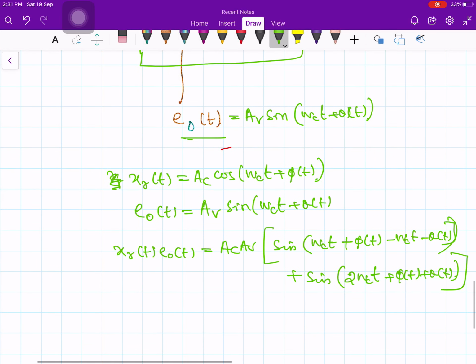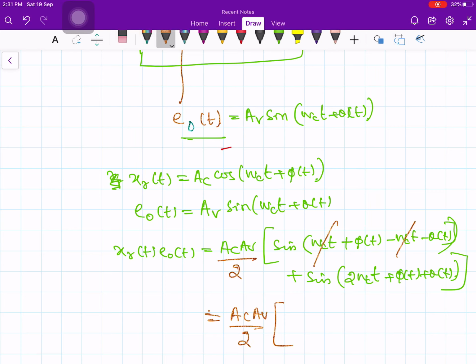Now I have two components. These two components omega ct will get cancelled. So this is equal to A_c A_v by 2 times sin of phi of t minus theta of t, plus sin of 2 omega ct plus phi of t plus theta of t. I forgot to put the term 2 here.